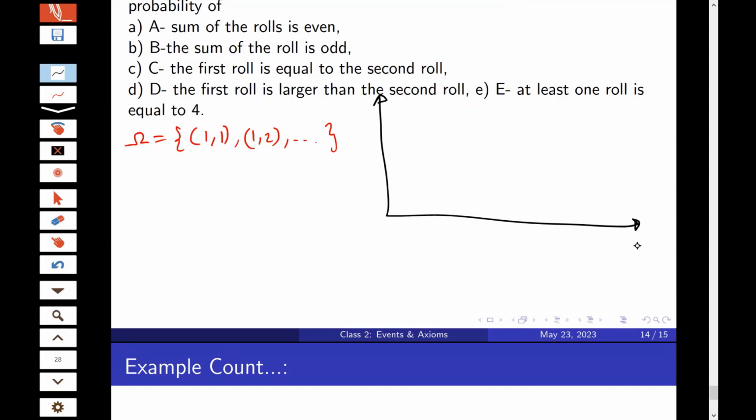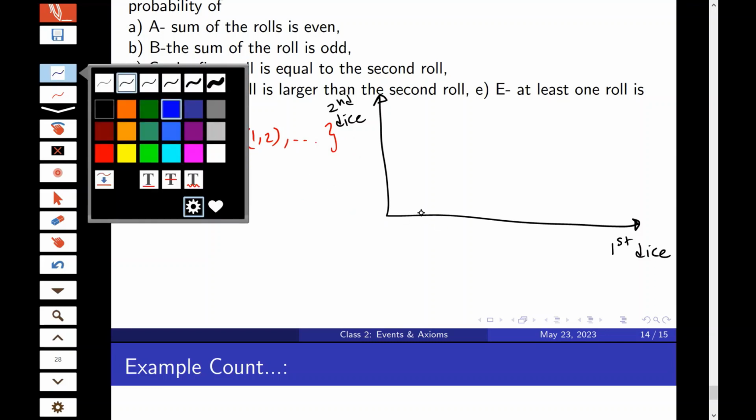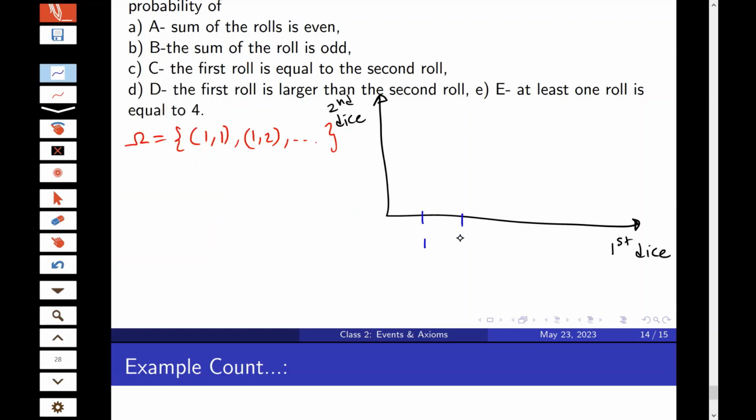I'm going to use 2 axes. The x-axis is for the first die and the y-axis is for the second die. Okay, and here I'm going to denote 1, 2, 3, and 4, and here 1, 2, 3, and 4. Now, without listing all the sample space, I can quickly denote the entire sample space like this.